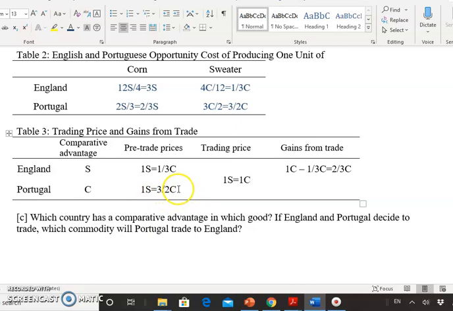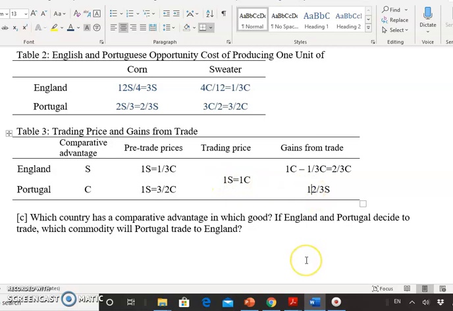Now, without trade, when they have to sell the corn to their own people living in Portugal, you have to go back to table 2 and find that the corn price is 2/3 sweater. By giving up each corn, they can get 2/3 units of sweater. But with the trade, they will be able to get one sweater.